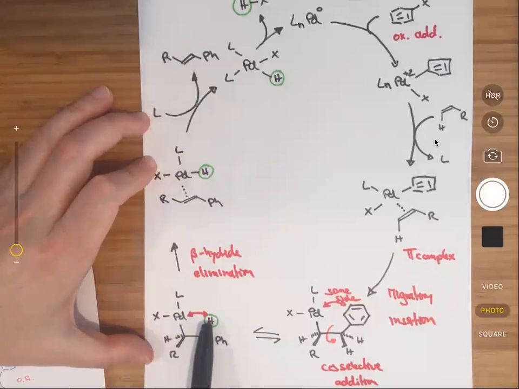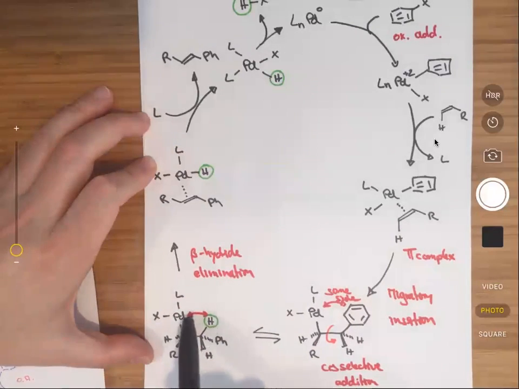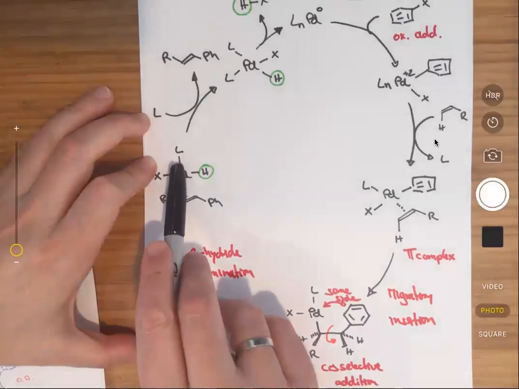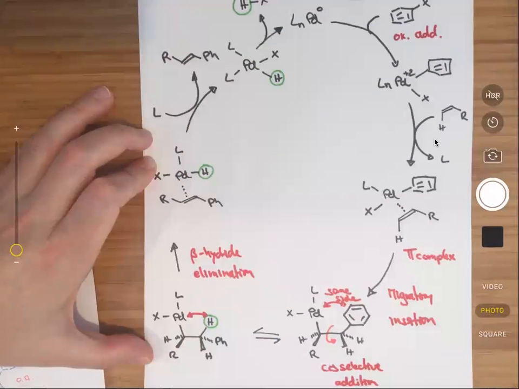Then you do a beta hydride elimination, which is basically just a reverse step of this. Instead of kicking out the phenyl again, which would give you back this one here, you basically abstract the hydrogen. And then from here on, it's basically a ligand exchange again, and back to your original catalyst.